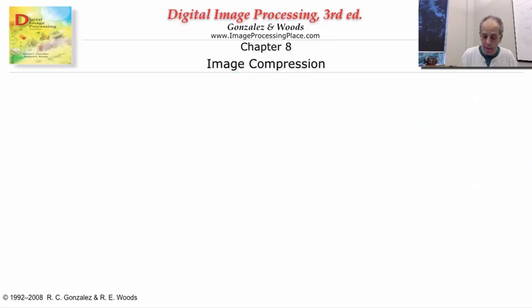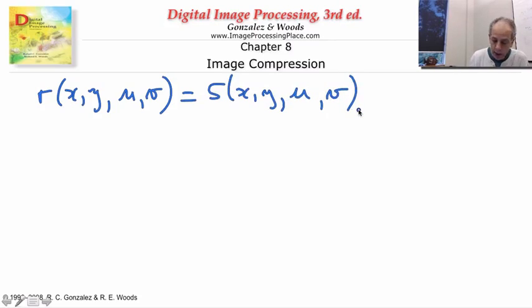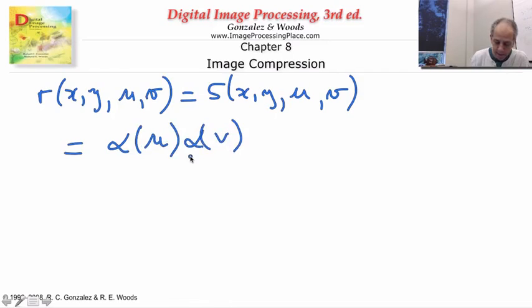So what's the DCT? In the DCT, R(x,y,u,v) is actually equal to S(x,y,u,v). And this is actually equal to some normalization coefficients, alpha(u), alpha(v). Oh, this v and this v are the same. I apologize for writing two different v's.